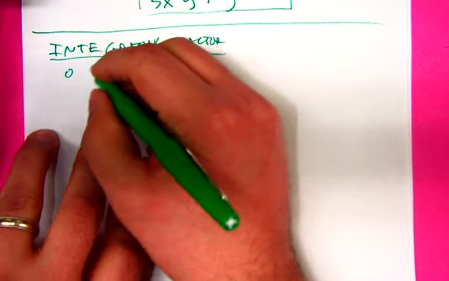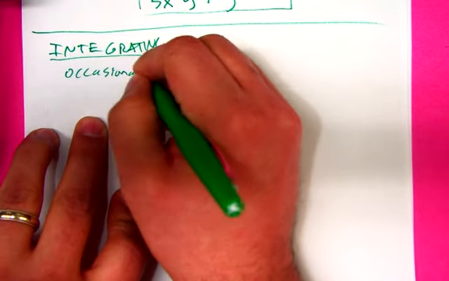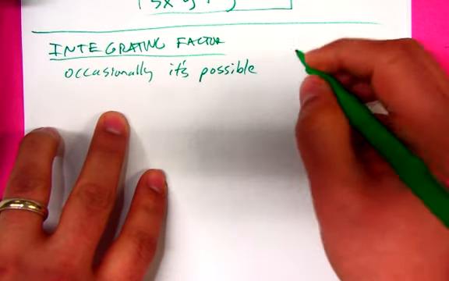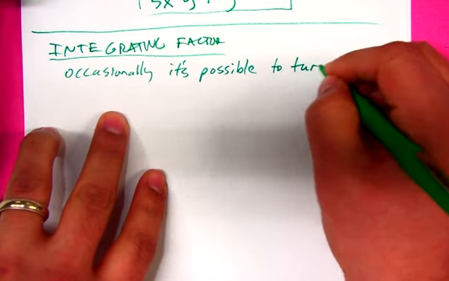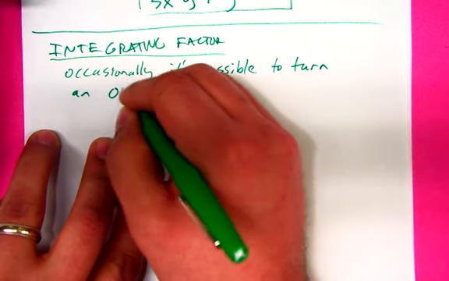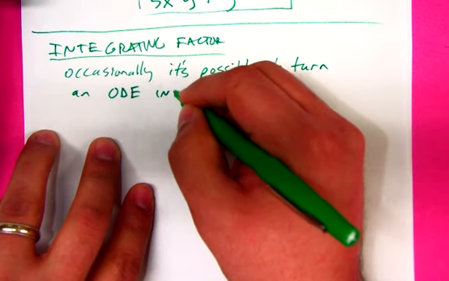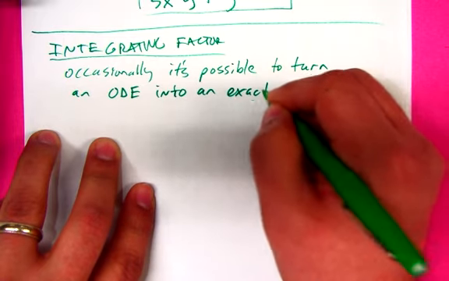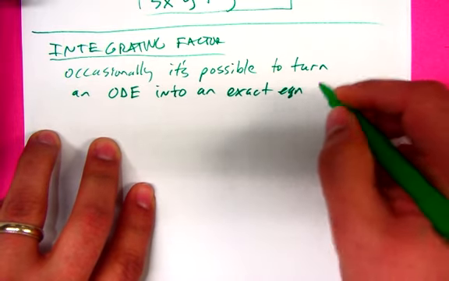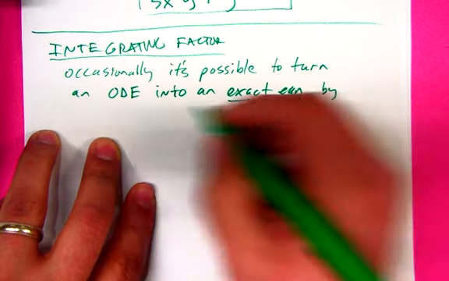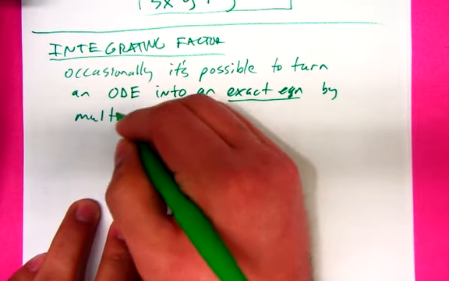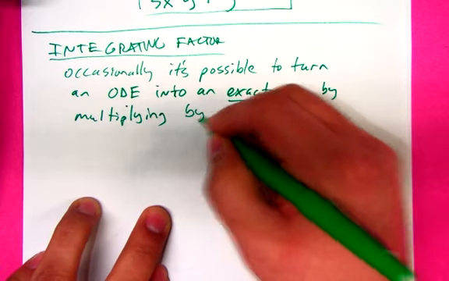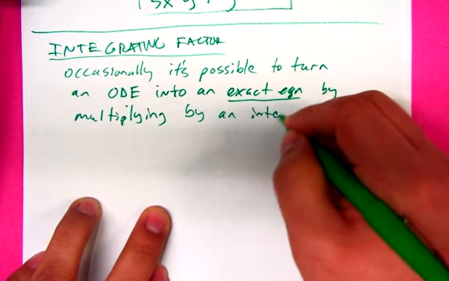Occasionally, it's possible to turn an ordinary differential equation into an exact equation by multiplying by what we call an integrating factor.